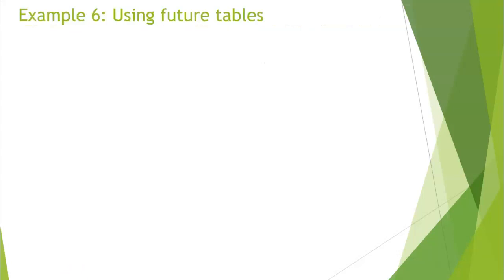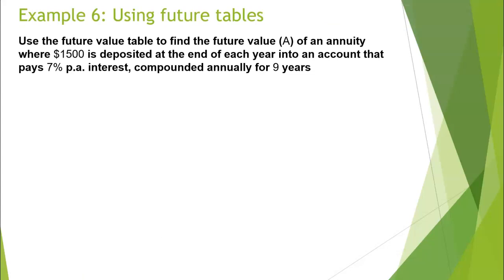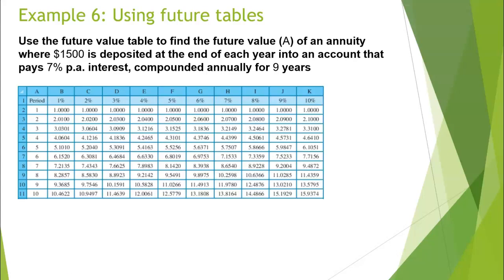Okay, example 6, using future tables. So use the future table to find the value of A where $1,500 is deposited at the end of each year into an account that pays 7% interest compounding annually for 9 years. So here's my table. I want to find 7%, so I'm going to be looking down this column here, 9 years here.